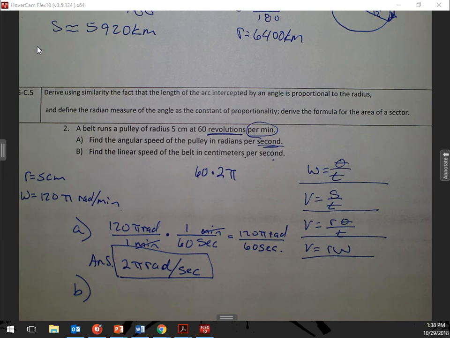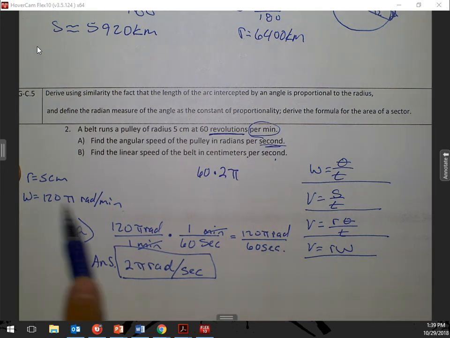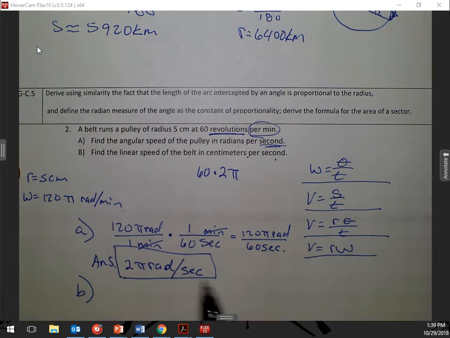No, because right here it says V equals RW, right? I only have R and W, so I could use this, but this is rad per minute, right? But I want it per second, don't I? So I'm going to use this one as my W. This is my angular speed in rads per second.